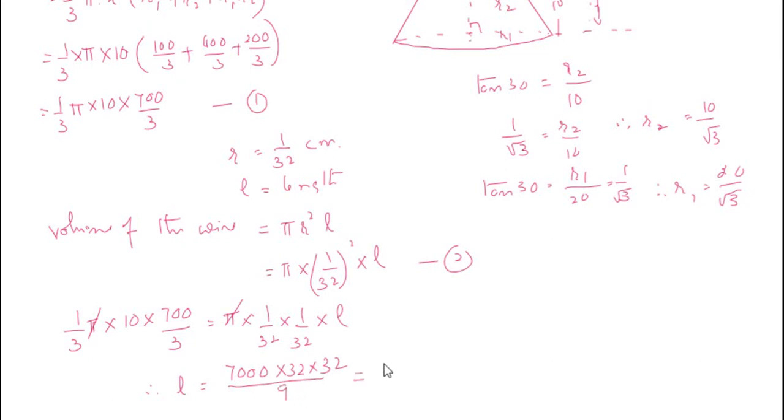If you simplify, this comes to 796,444.4 centimeter, or if you convert in meter, L equal to 7964.4 meter. You have to divide this one by 100 to convert centimeter into meter. So this is the length of the wire that can be drawn from that frustum. With this, we have completed this entire chapter of surface area and volume.